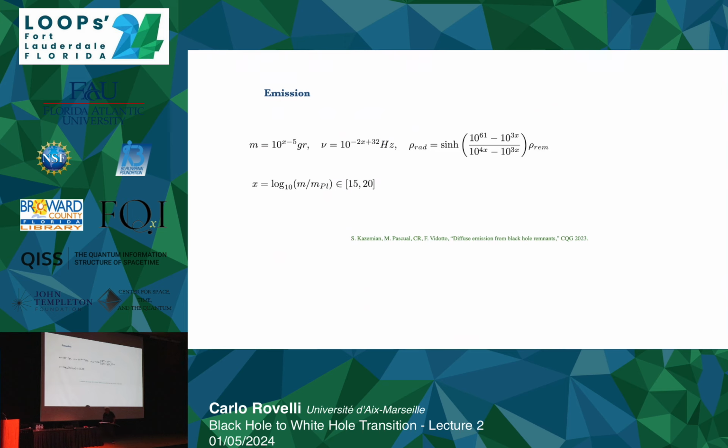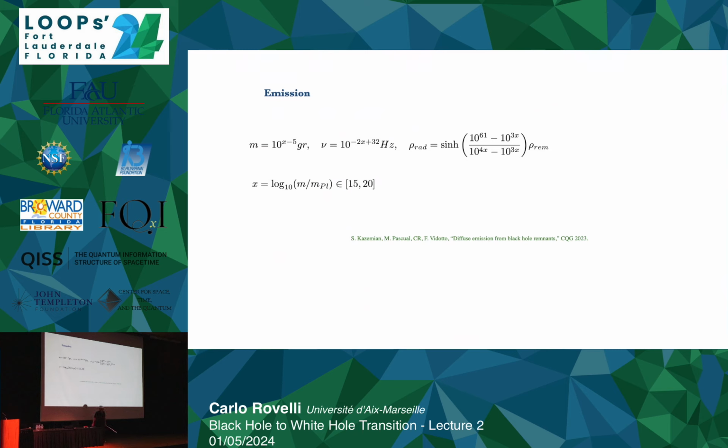And this is a paper by these people here, where there's a little model of this emission of radiation, and the model depends on a single parameter, x, which is the mass of the original black hole in Planck units, in the logarithm of 10. If you have that, you can compute the frequency and the density of this radiation explicitly. It's a little exercise to do that. So yes, this is one possible hint, but this is very low energy, this is low density.